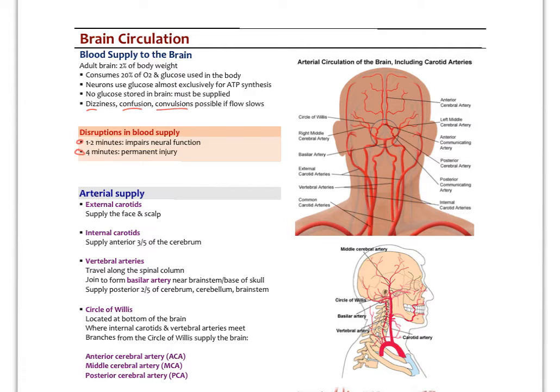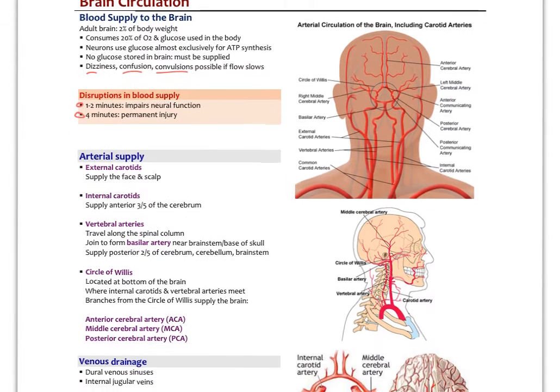So you're not getting quite as good perfusion of the brain, even with well-performed CPR. But if it's started early and initiated, then you're at least getting some blood supply to the brain and getting some oxygenation to the brain cells. So 4 minutes is when we see permanent injury of neurons in the brain.